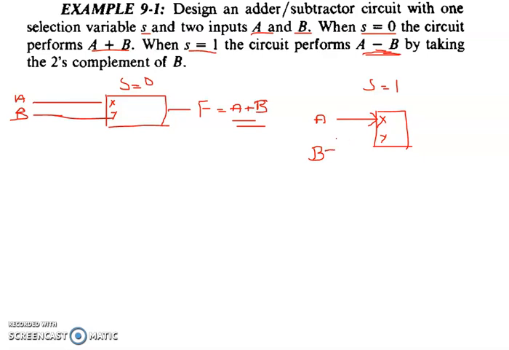So this B needs to have some combinational circuit. B will be given as an input to the combinational circuit, and the output from the combinational circuit will be given as an input to the Y to get the output A minus B.